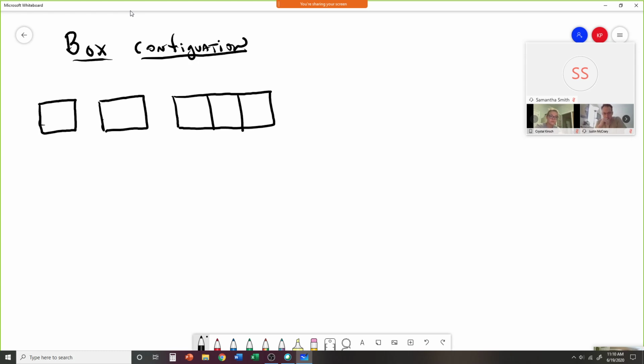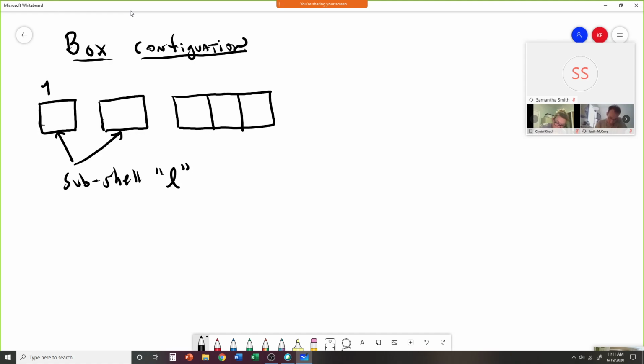All right, and the way this is going to work is the box itself is going to be the subshell, or your l. Okay, and this is going to be the level.